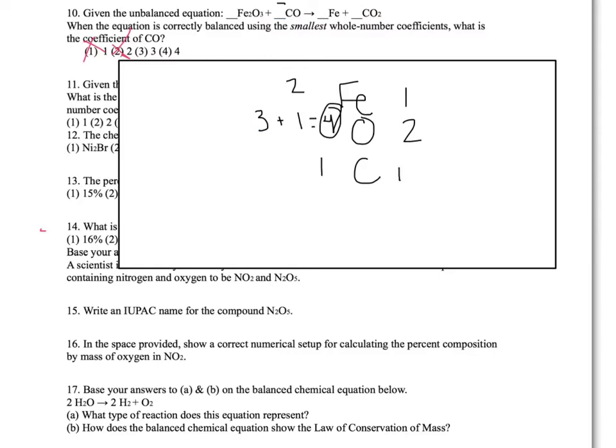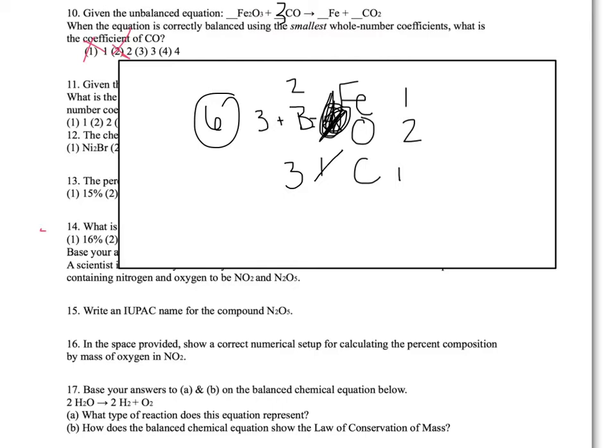Now if we have the coefficient of 3 here, what that will do is change our total oxygens to 3 and 3, which is 6. And if we were to balance from there, we also will change our carbons to 3.